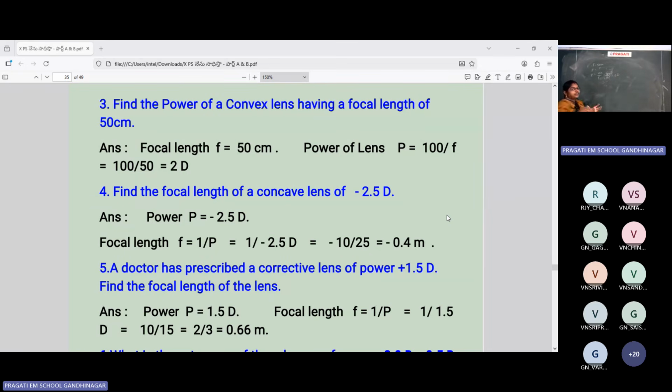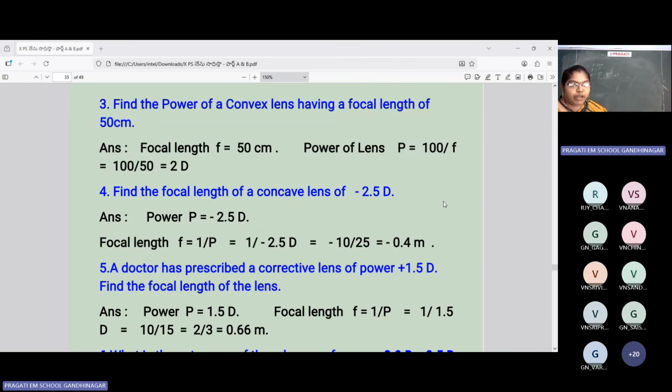If he asked from which defect the person is suffering, if the person has the power 2D, you have to write the answer hypermetropia because power is positive and the convex lens is used. So that's why it is hypermetropia. In the same way, find the focal length of a concave lens of minus 2.5D.